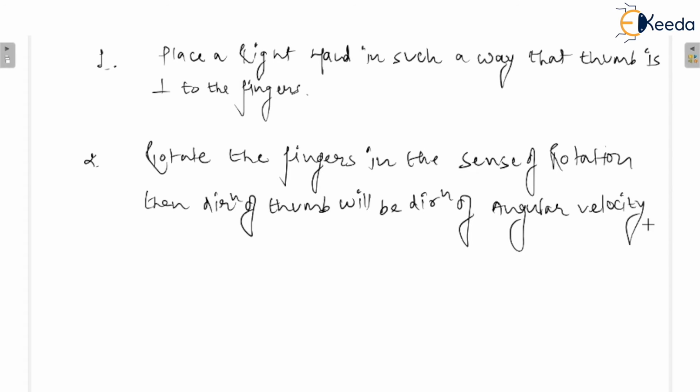The direction of omega is also known as the axis of spin.